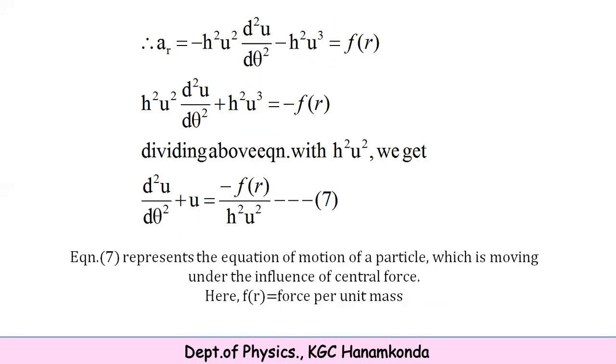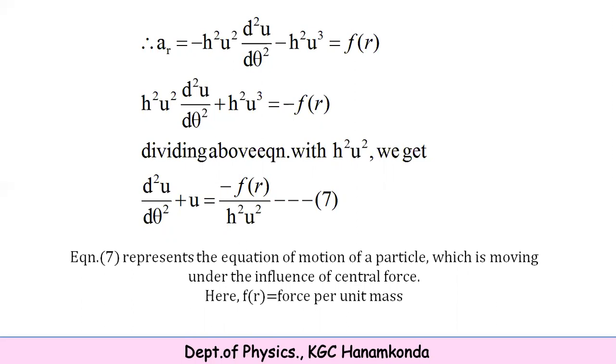Equating that and dividing the entire expression by h square u square, we got the equation of motion of a particle moving under the influence of central force. Here f of r equals force per unit mass. For this derivation, we take only the radial component of the acceleration.